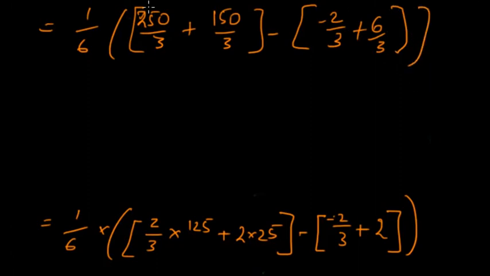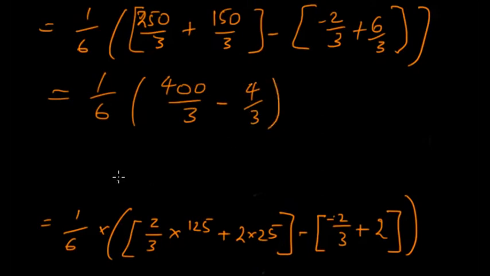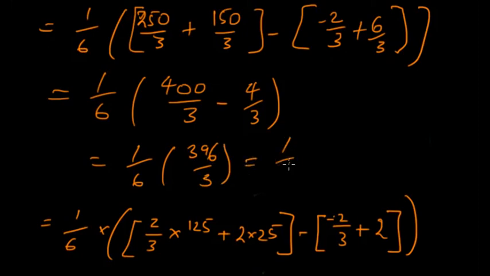Don't be afraid to take multiple steps if you need to. If you don't make any errors, you can do it a bit quicker. So it's 400 on 3 minus 4 on 3, which gives us 1 on 6 times 396 on 3. So you get 1 on 6 times 132, which is equal to 22.